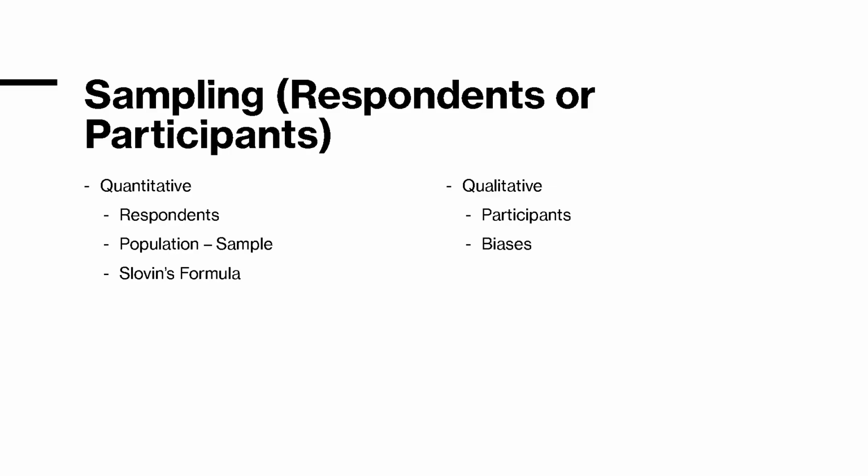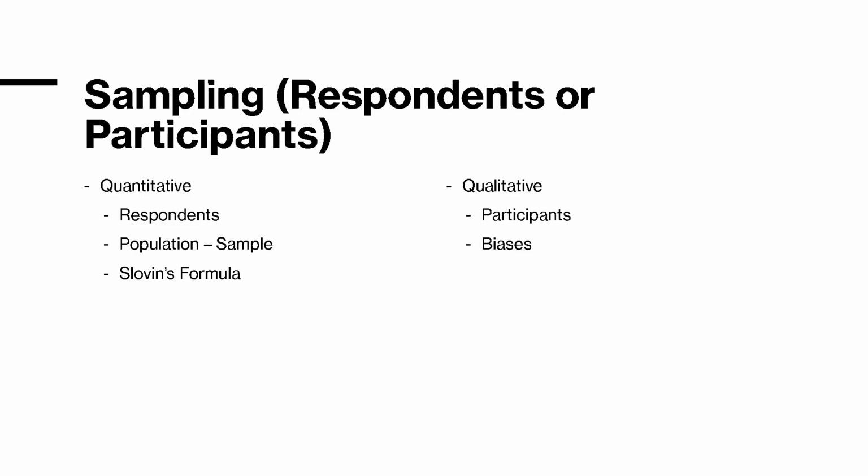Continuing now, when you talk about respondents and participants, these are things that you look at in the sampling. Now, for quantitative, here is the thing. We use the term respondents. However, it is interchangeable with the word participants. But in this research project, I want us to be consistent that when you do a quantitative research, you use the term respondent.